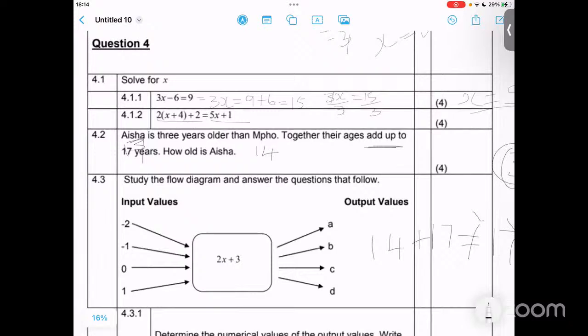Because you see here, they're saying Asia is 3 years older than Mpho. So that means if Asia is 14, the other one must be 3 years younger. So it's either going to be 14 plus 3 or whatever plus 3.